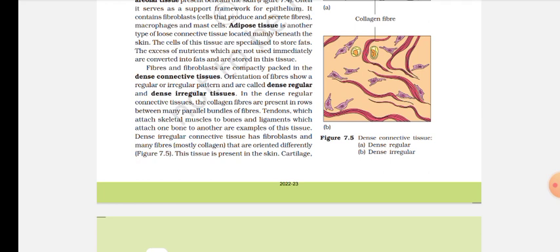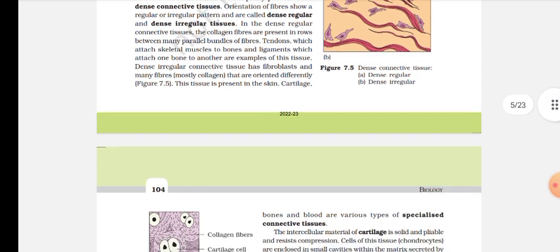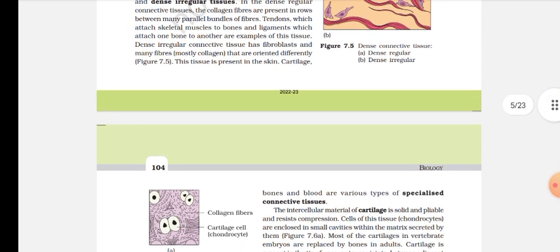Tendons, which attach skeletal muscles to bone, and ligaments, which attach one bone to another, are examples of this tissue. Dense irregular connective tissue has fibroblasts and many fibers, mostly collagen, that are oriented differently. This tissue is present in the skin.